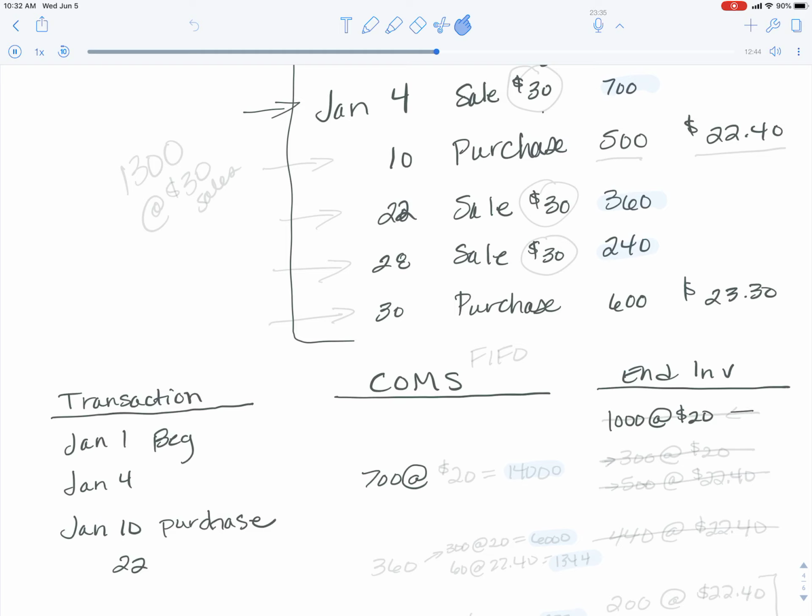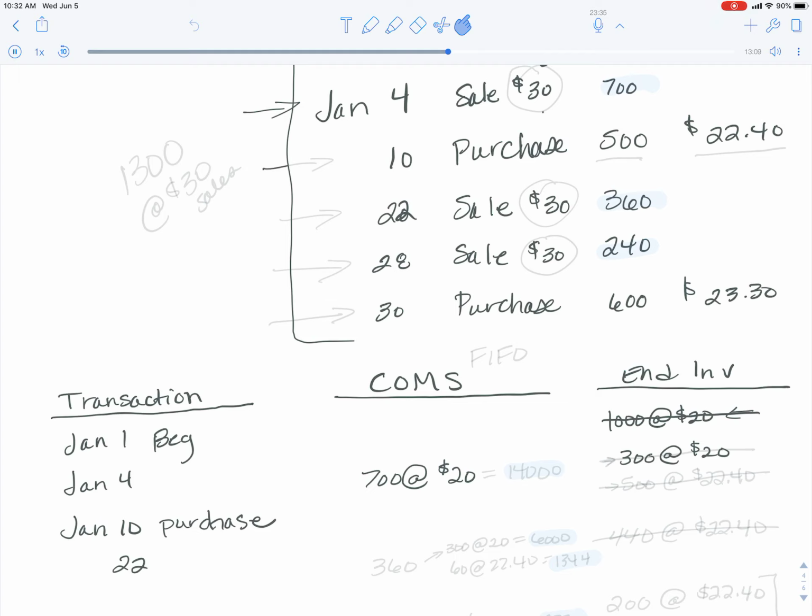Well, we only have one layer, and it was $20. So we sold these at $20. We only had one layer to choose from. Now we don't have 1,000 on the shelf anymore because we sold 700 of them. So now we need to fix. We have 300 now on the shelf at $20.